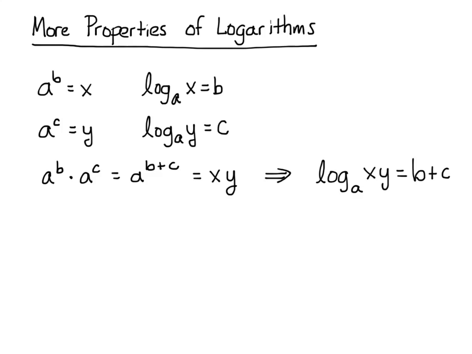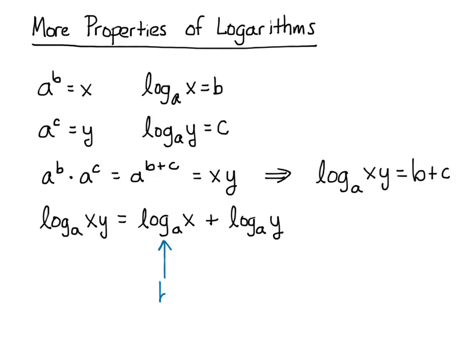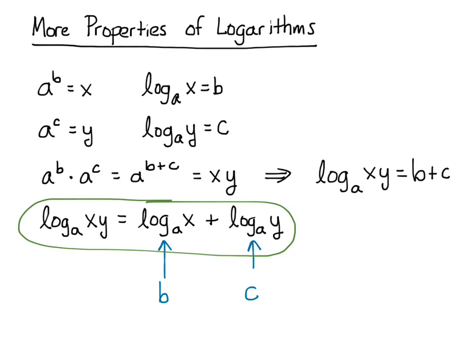Now if I write this as a log, I get the log base a of xy equals b plus c. All I've done is rewrite it into logarithmic form. But notice now, I have b here as the log base a of x, and I have c here as the log base a of y. And so when I put that all together, I get this really marvelous identity. This turns out to be one of the most important rules in logarithms.